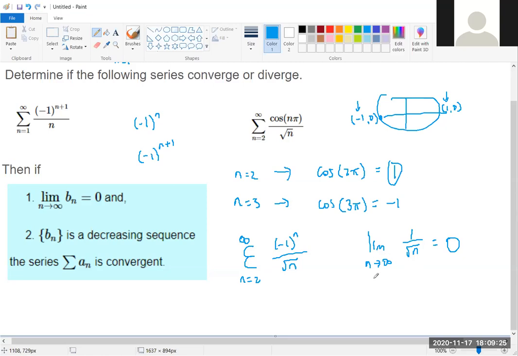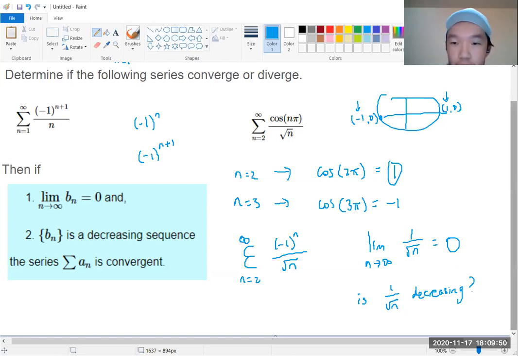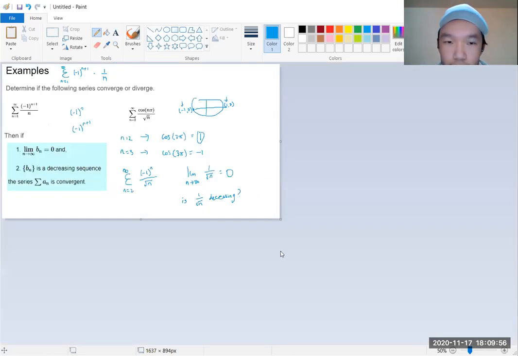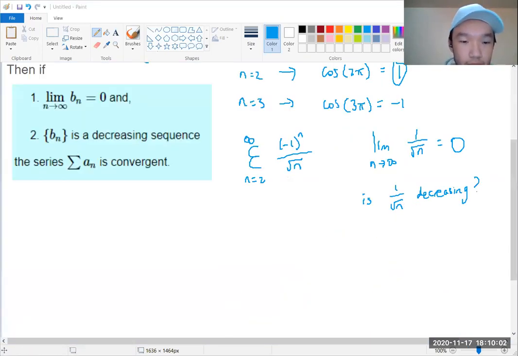And then, 1 over square root of n, is that a decreasing sequence? Pretty sure it is decreasing, right?